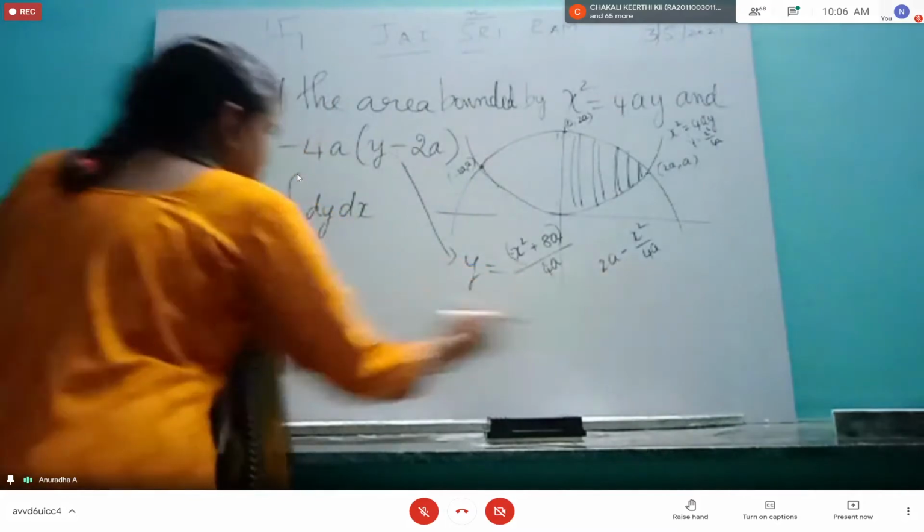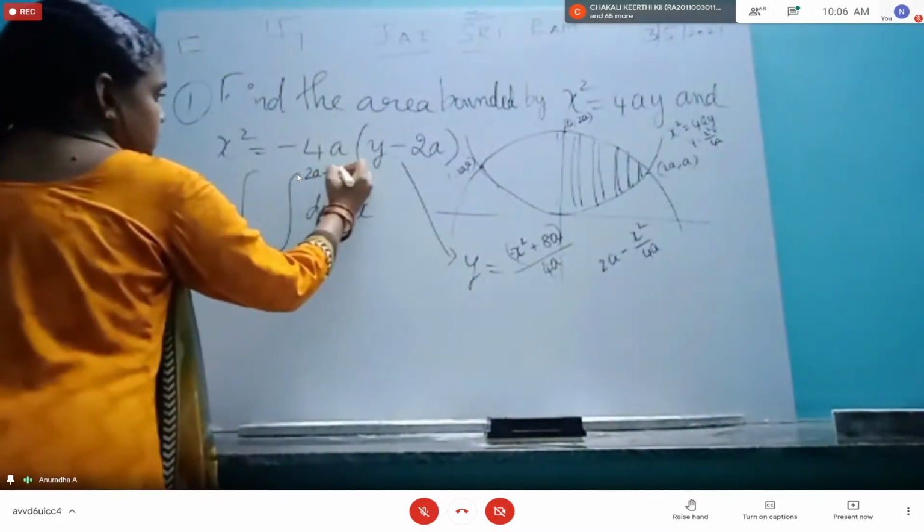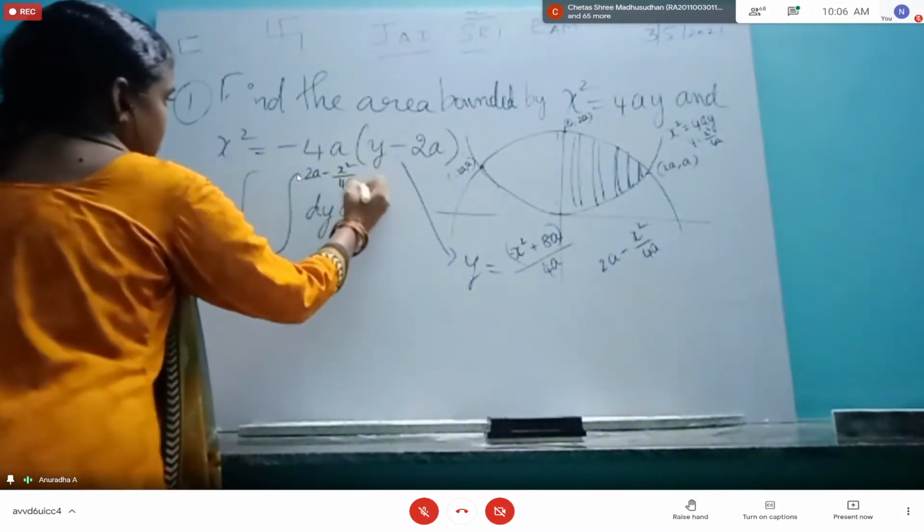This is further simplification, that's all. So 2a minus x square by 4a.